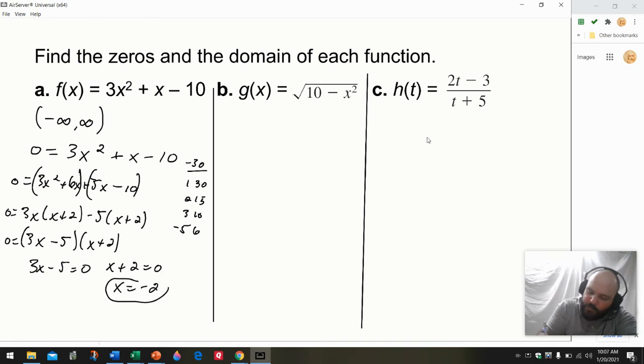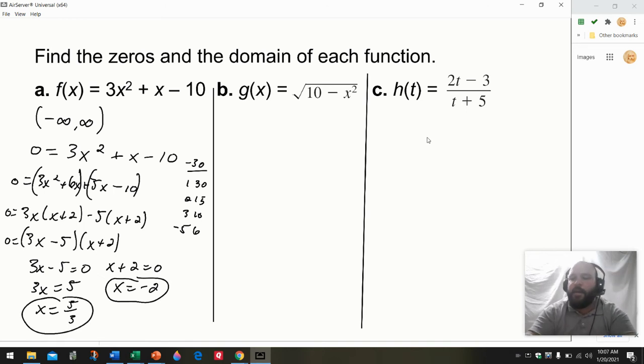So one of the zeros would be negative 2, and then the other one is going to be 5/3. So there are the 2 zeros. Remember, if I were to graph that parabola, that means it would cross the x-axis at 5/3, which is 1 2/3, and negative 2. So that was pretty straightforward. We've already done stuff like that.